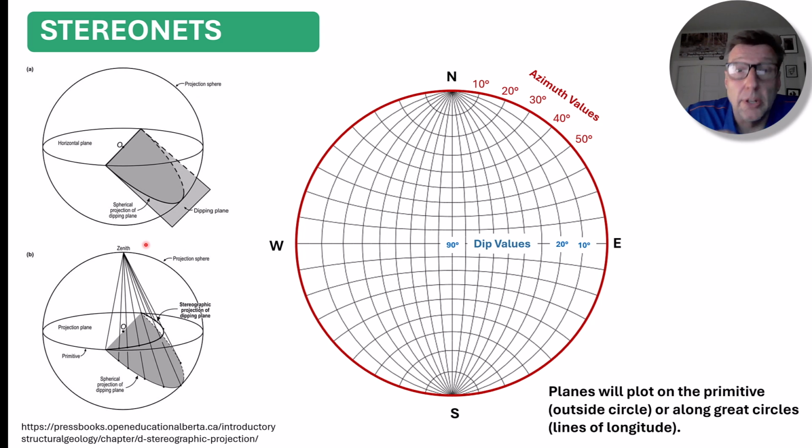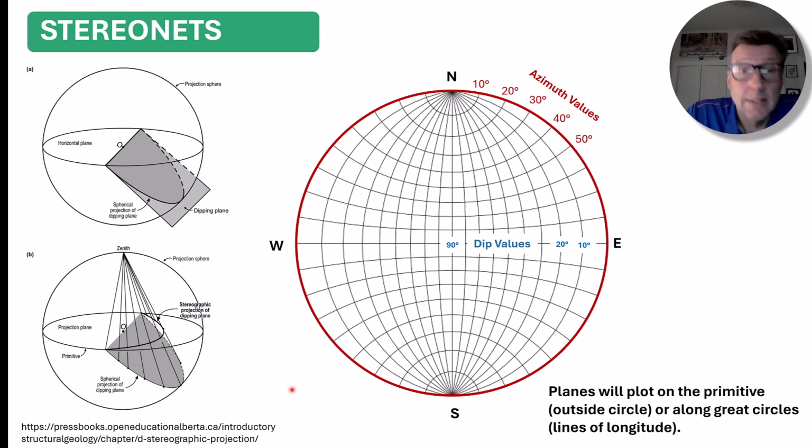The trace the projection lines make with the horizontal plane is known as the stereographic projection of the dipping plane. What happens is our three-dimensional object, this dipping plane, now plots as a line in the horizontal plane. The horizontal plane that we've been talking about in this transparent sphere, that's our stereonet.